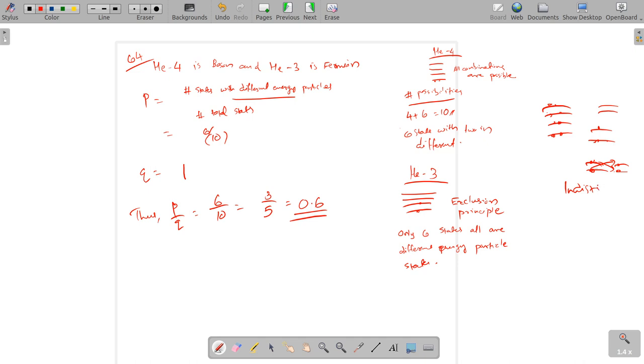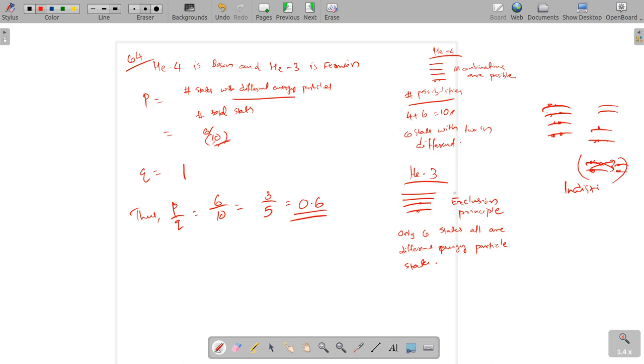So whether you put this one here and that one there does not matter; there is only one state, and you count it as one state. That gives you 10 total states, and you simply count how many of them are in different energy levels. You will get 6. So the value of P is 6 by 10.